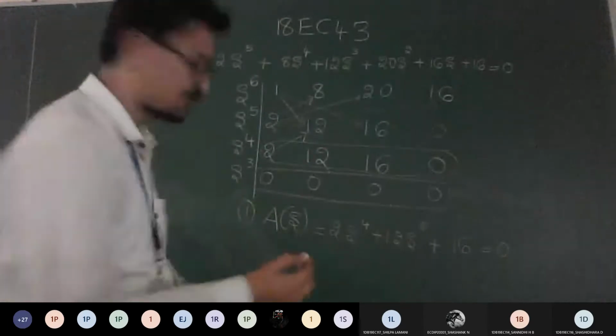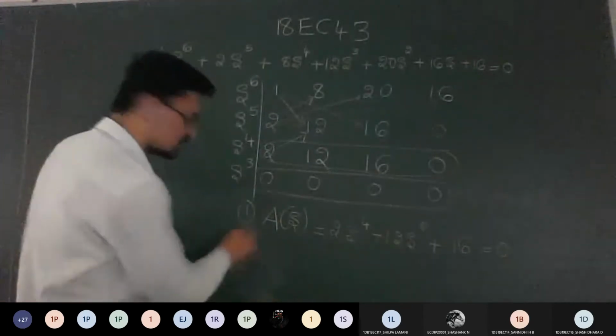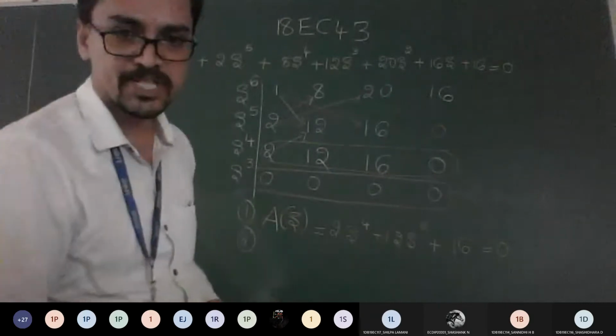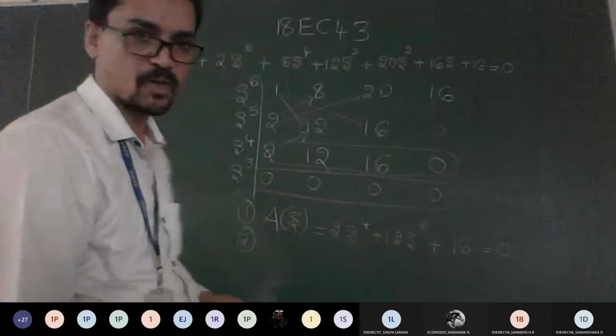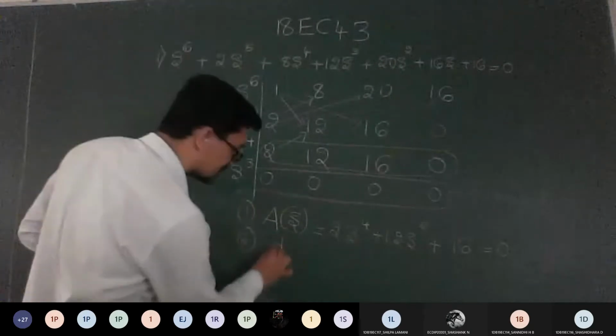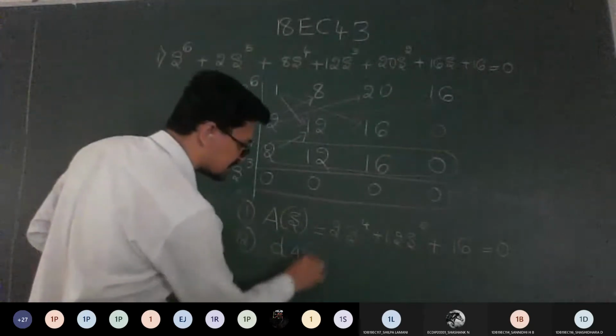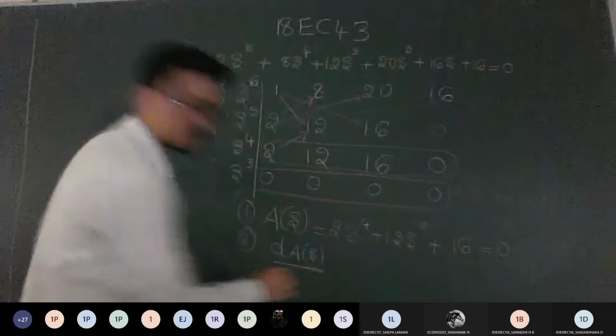So what is the next step? Step number 2 tells you to differentiate the auxiliary equation. So if you do differentiation, what will be the new answer? Differentiation of A of S. Is it visible, guys, what I am writing?